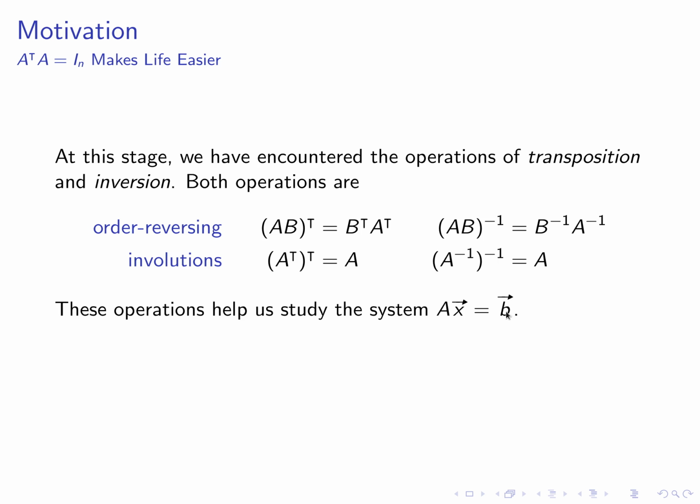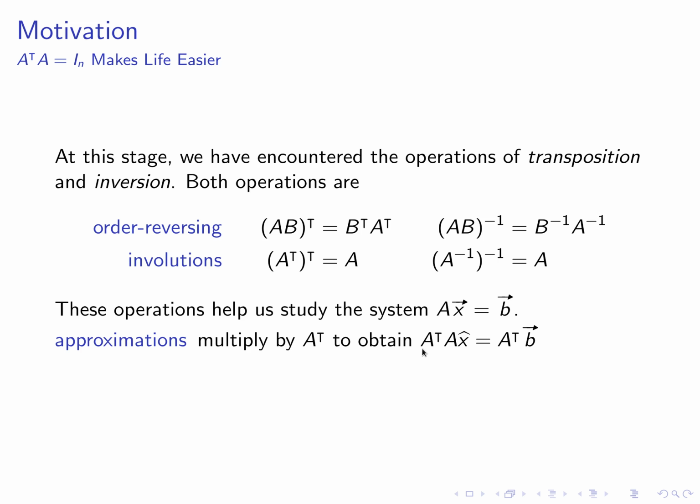We've been very focused on the problem of studying systems of the form AX equals B, where A is given to us as a matrix, B is given to us as a vector, and X represents an unknown in the system. Well, approximations can be obtained by studying the least squares version of the system. To construct the least squares version of the system, we multiply the system on the left by A transpose.